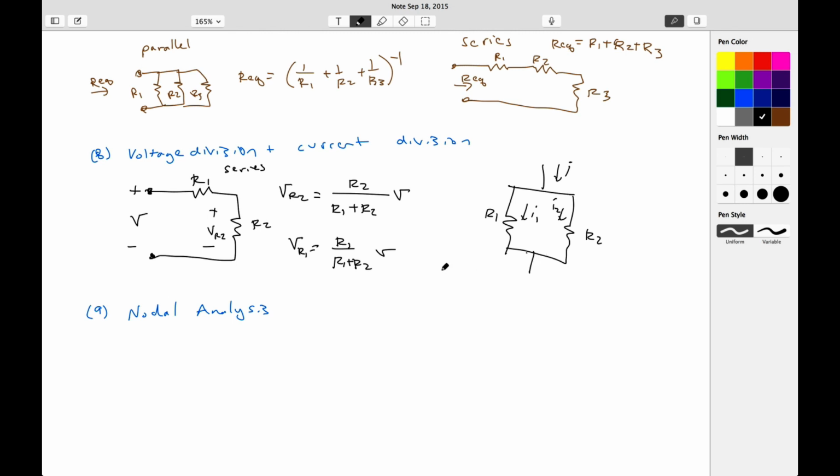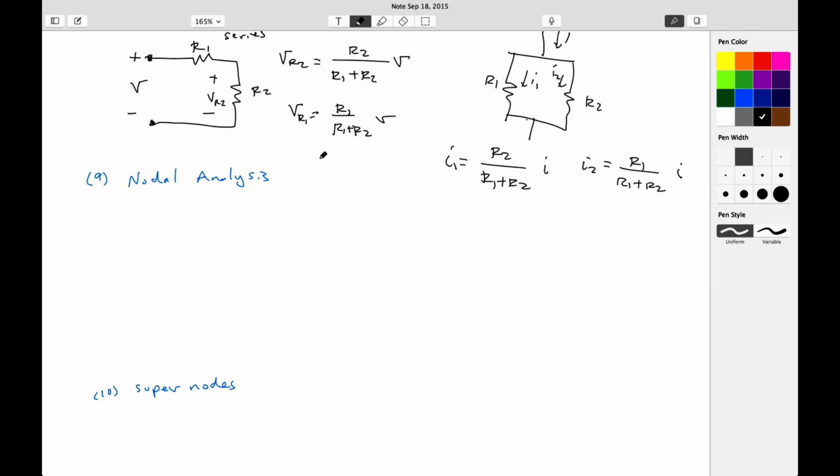To find I1, I'm going to take the resistor I don't care about, so R2, divide by the sum of the resistors, R1 plus R2, and multiply by the input current. Similarly, I2 is going to be the resistor I don't care about divided by the sum of the resistors and multiplied by the input current.